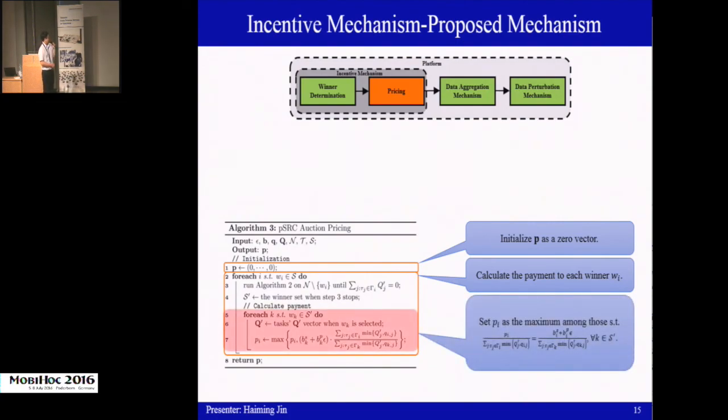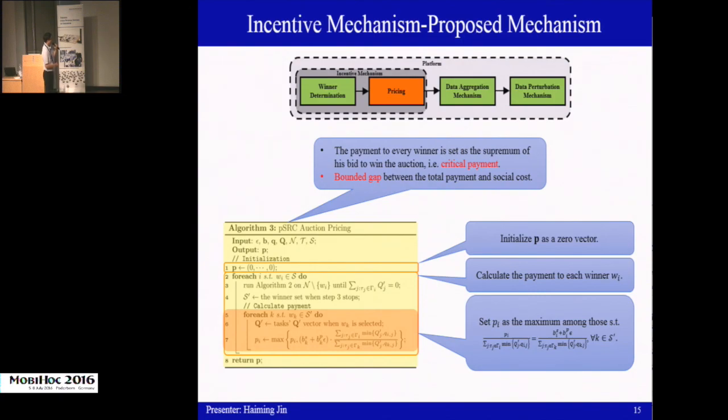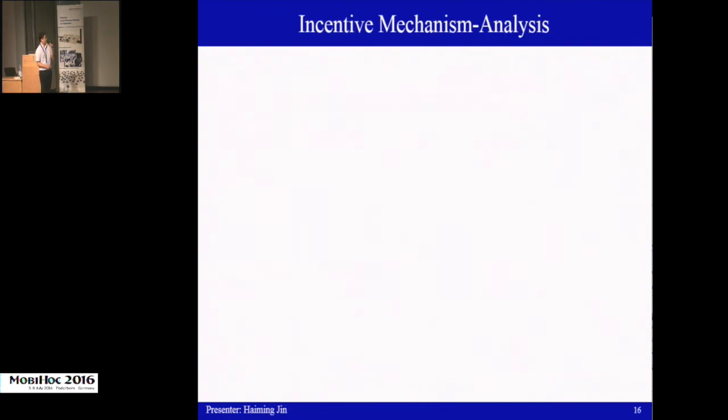So finally, we set the price PI as the maximum among those values that satisfy this equation. And basically, what we do is ensure the payment to every winner is set as the supremum of his bid to win the auction, which we call critical payment. And this pricing algorithm can also give us a bounded gap between the total payment and the social cost.